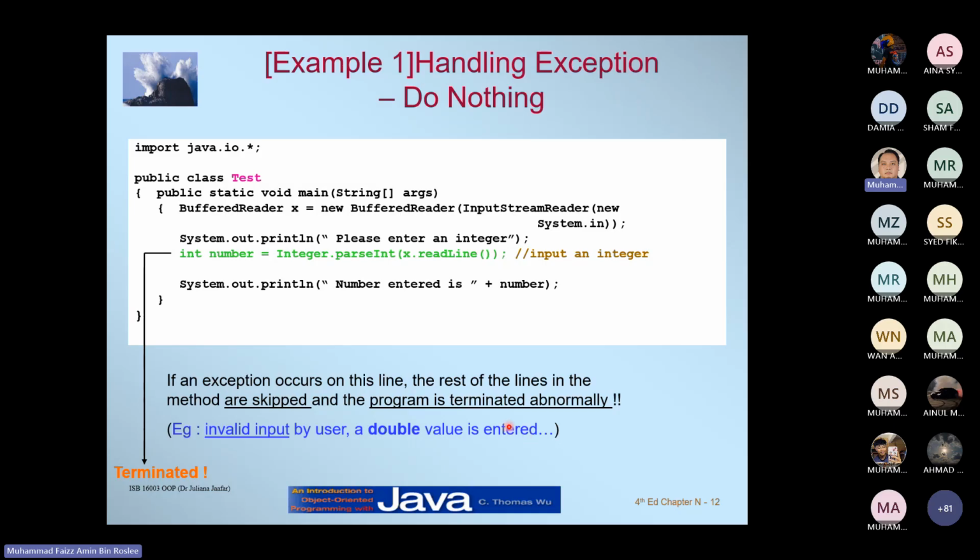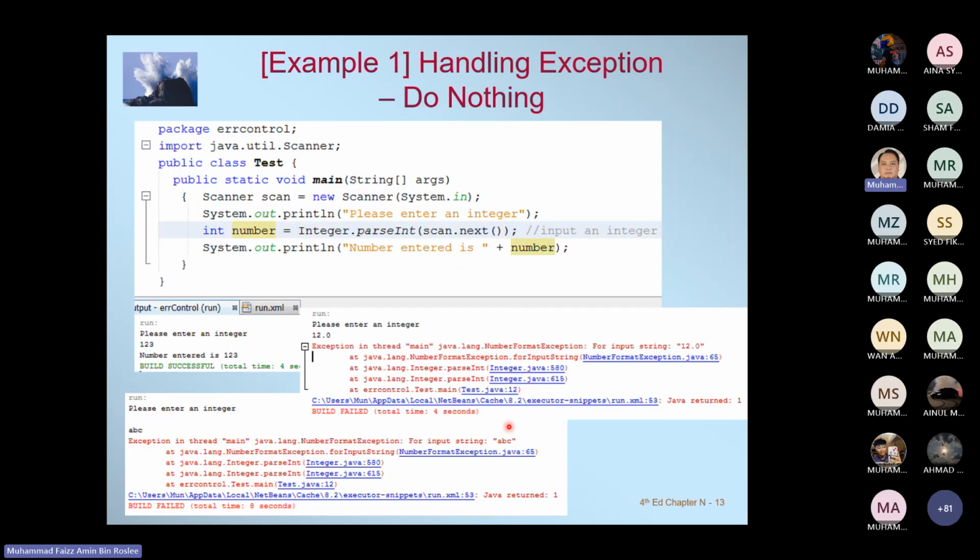So you can do nothing with the exception. Java will handle it, but it will terminate the program without any further processing throughout your program. So this is the example over here. You can see all the red stuff over here, exception, blah blah.